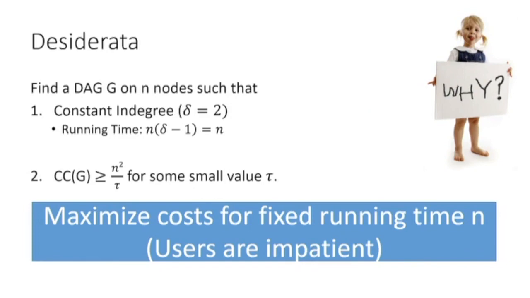N has to be small enough that you can finish hashing in 1 second, half a second. And we also want to make sure that the attacker's costs are as high as possible. So we want the cumulative cost to be as large as possible. So in particular, we're going to require that cumulative cost is at least n squared divided by tau, hopefully for some small tau.